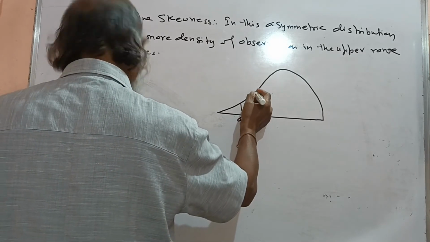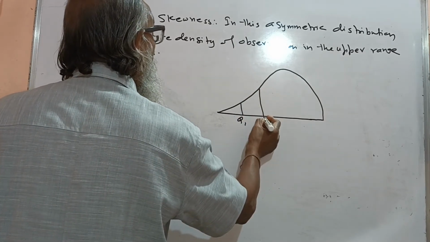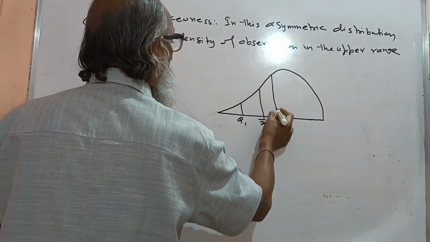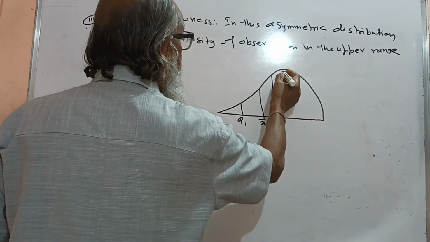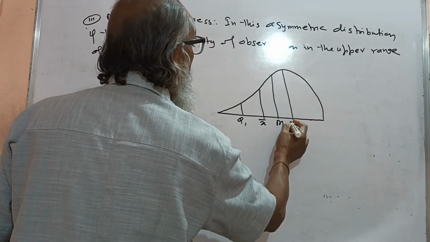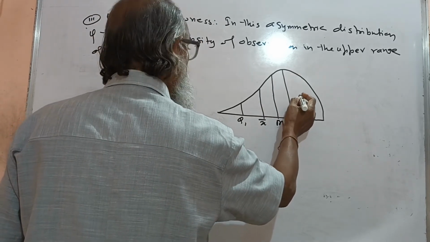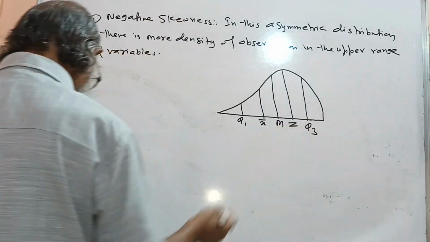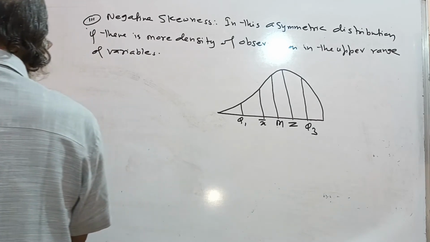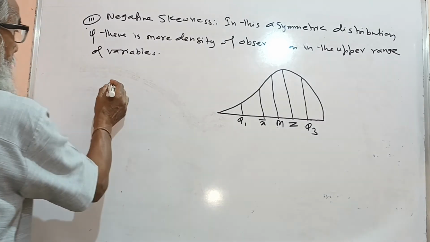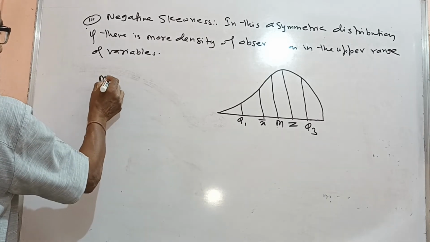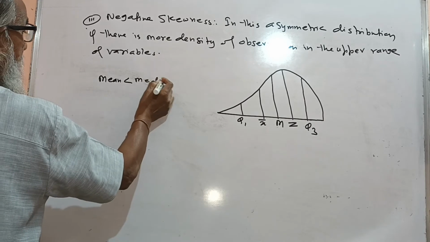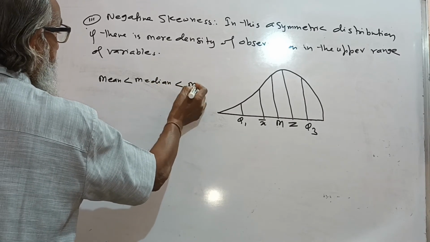This is Q1, X bar, median, mode, Q3. So we can see here in negative skewness, mean is less than median is less than mode.